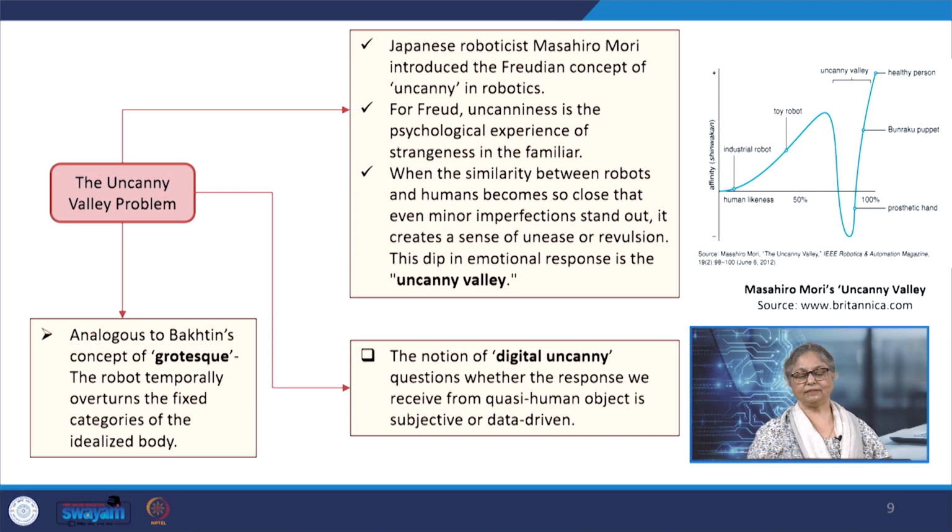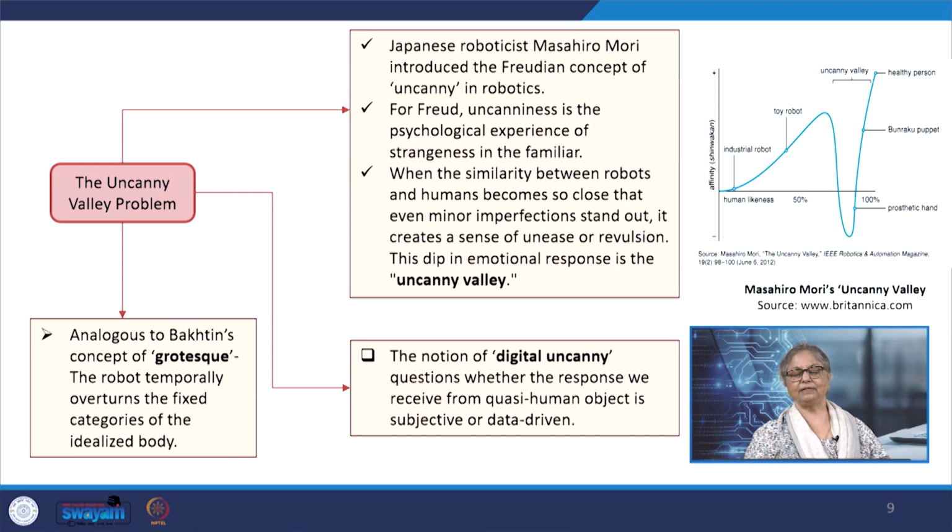The notion of digital uncanny questions whether the response we receive from a quasi human object is subjective or data driven. Perhaps we recall that for Freud, uncanniness is the psychological experience of strangeness in the familiarity.